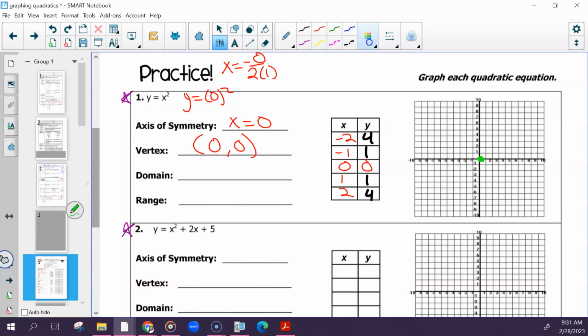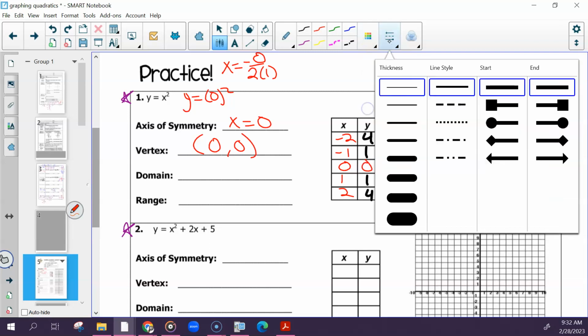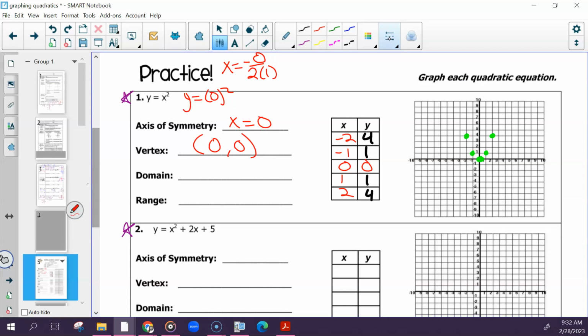So we're going to start at 0, 0. We'll go -1, 1. -2, 4. 1, 1. And 2, 4. Once you have your 5 points, you can connect them. So I would say start at your vertex still.